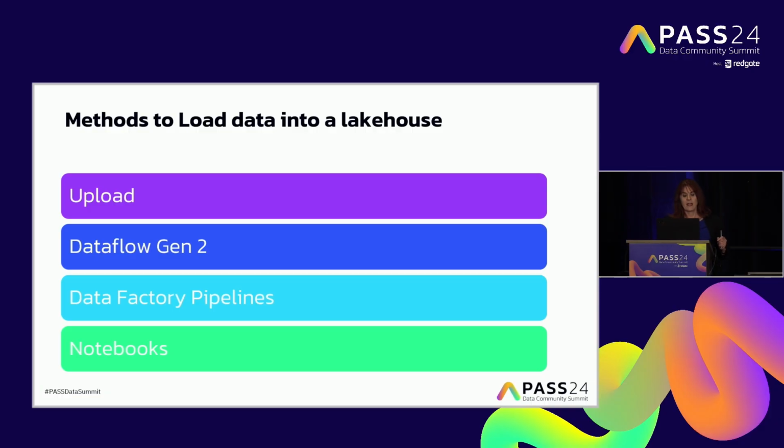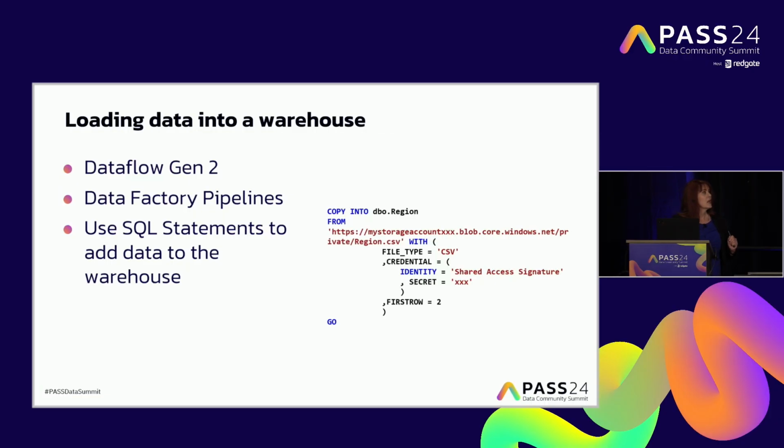But if I am loading data into a warehouse, different list. Notice there's no notebooks on there. So if I want to load data into a warehouse, I am not using a Spark notebook because I can't. It's not possible to do that. Now, if I want to load data from a Lakehouse, I can do that, and I'll show you that in a demo here in a minute.